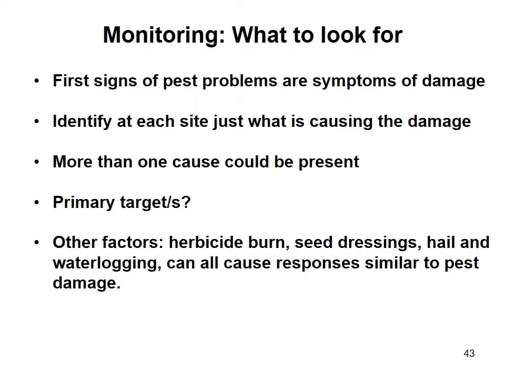There could be more than one cause. For example, a canola crop could have slugs, earwigs, birds and beetles causing damage at the same time. Which of these are the primary target? Usually there's one or two. Other factors should be considered. Herbicide burn, seed dressings, hail and waterlogging can all cause responses similar to pest damage.